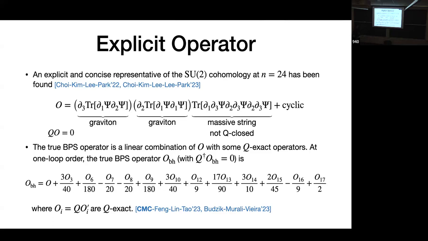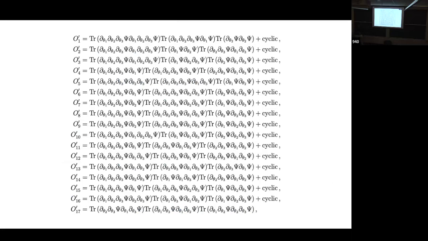We actually carried out this computation at one loop. At one loop order, if we take this representative O, we can add a series of Q-exact operators. So this O3 to O17 are basically given by Q acting on O'3 to O'17, and they are Q-exact. Then the resulting operator is one-loop BPS. So this just shows you the form of these O primes.